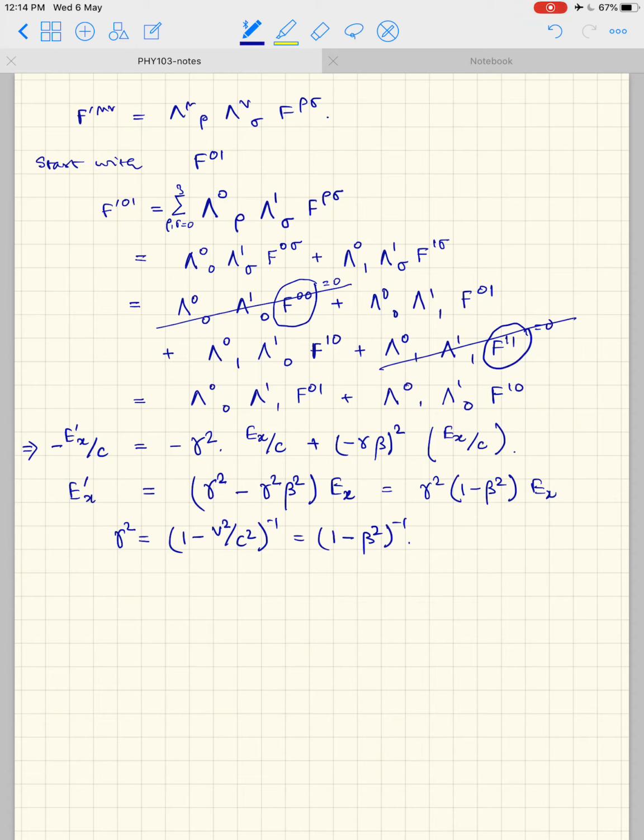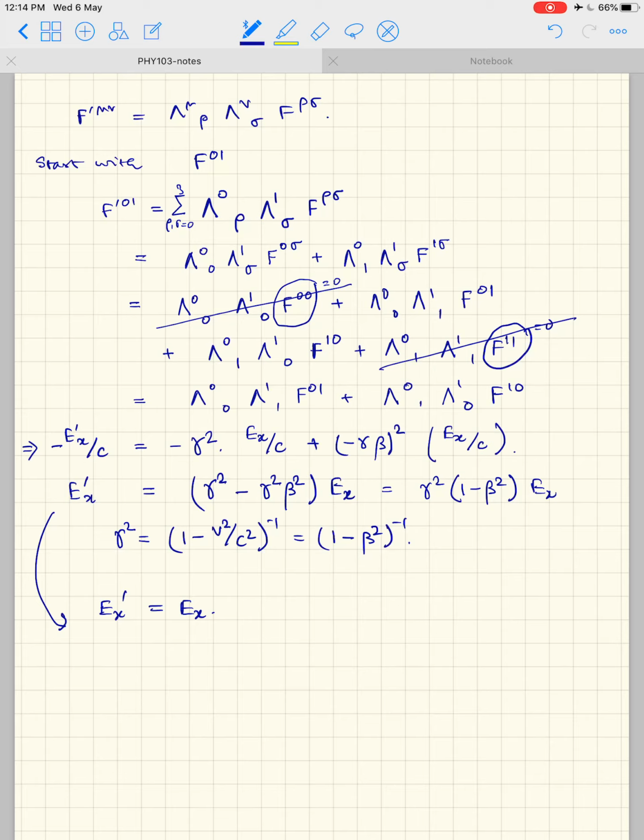So you have gamma squared into 1 minus beta squared, and this essentially means that Ex primed is equal to Ex. At the end of the day, when all the dust settles, you get Ex primed equal to Ex, okay?